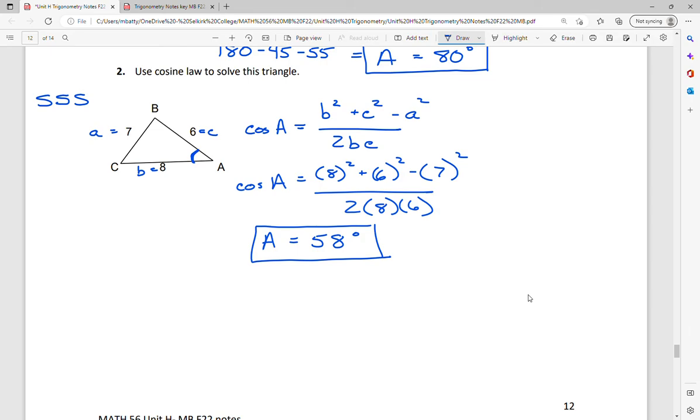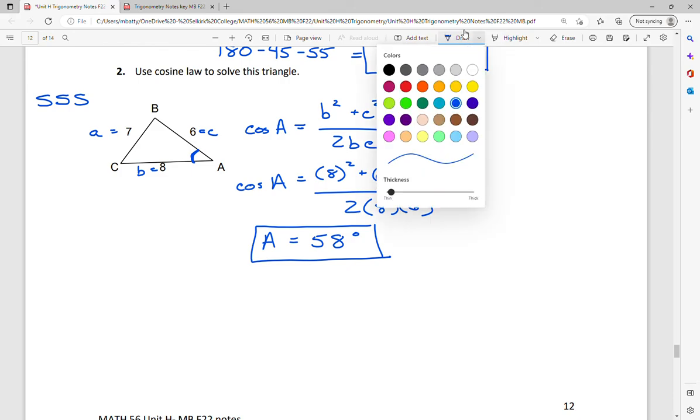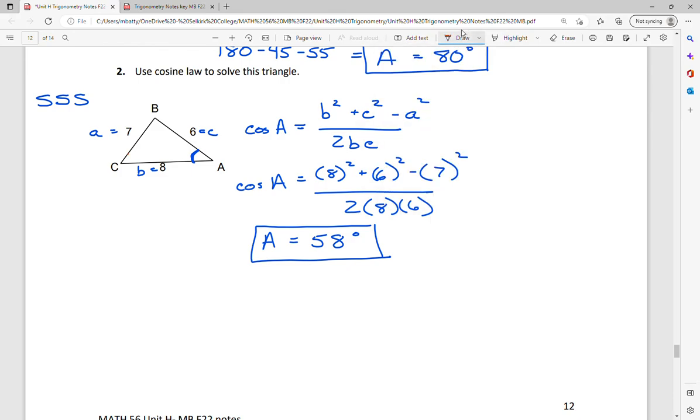After that, you could use the sine law, or you could use the cosine law. I'm going to use the cosine law to solve for, let's do this one, angle C. So the equation to solve for angle C, I just copy it off of my pages, is A squared plus B squared minus C squared all over 2AB.